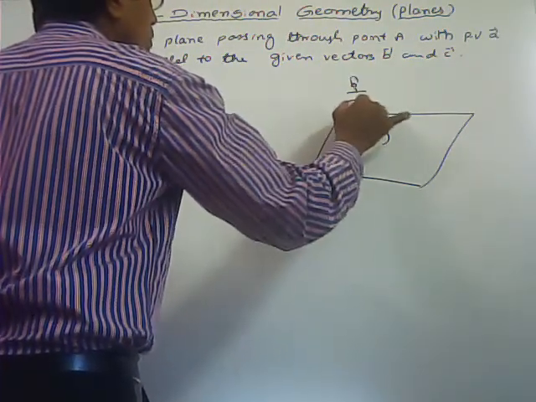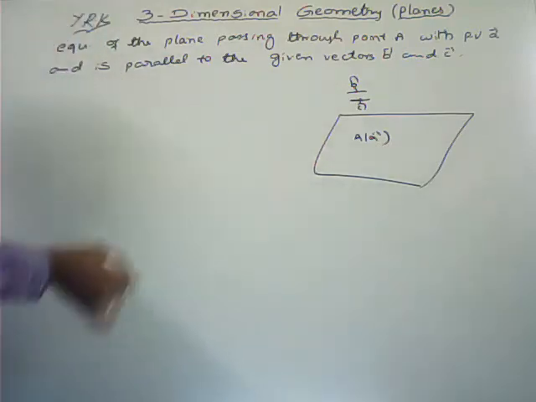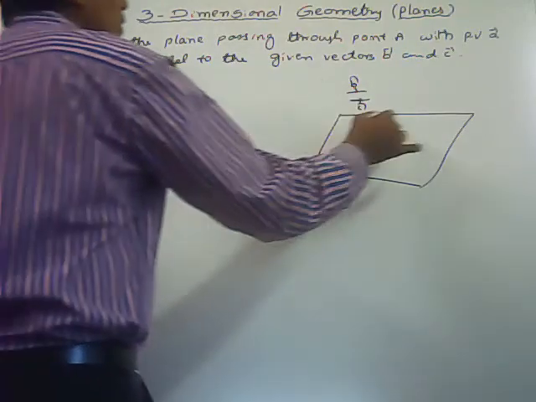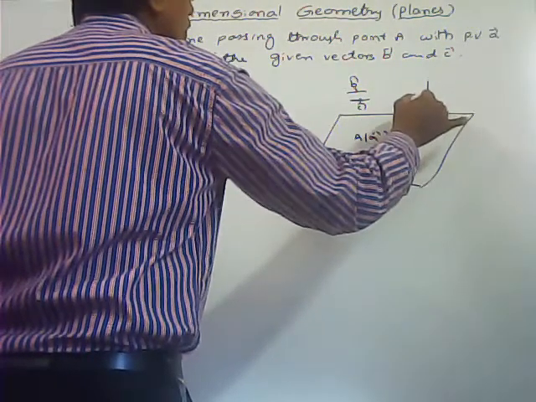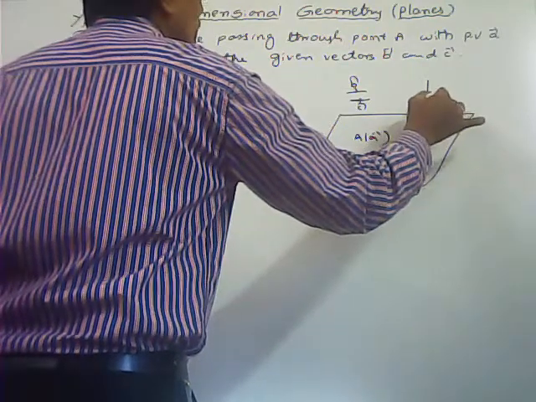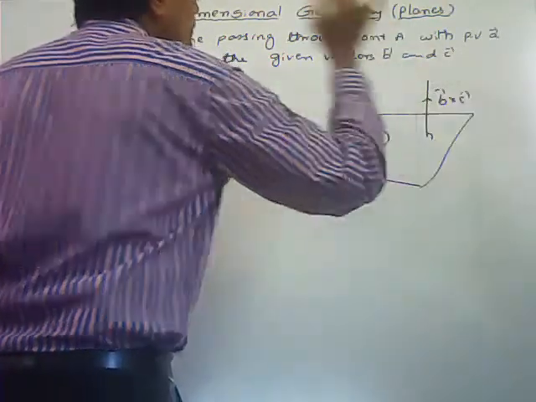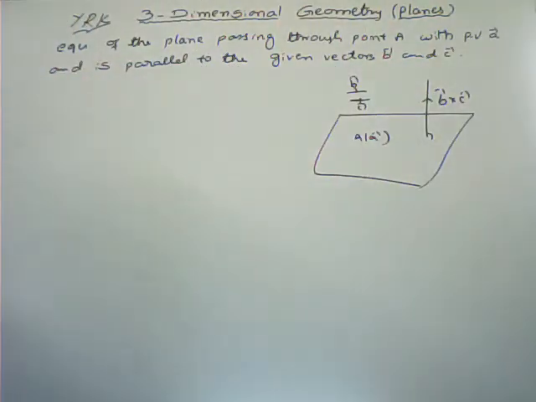What is the vector perpendicular to both B bar and C bar? That is nothing but their cross product only, B bar cross C bar.